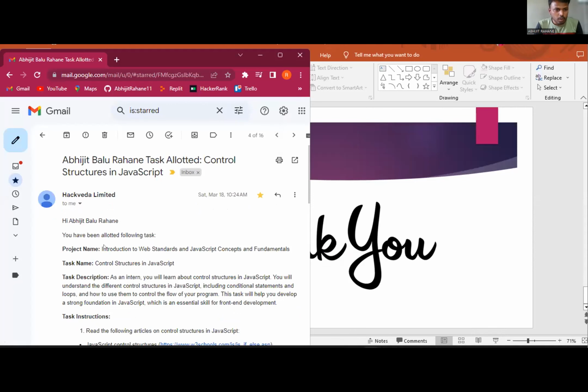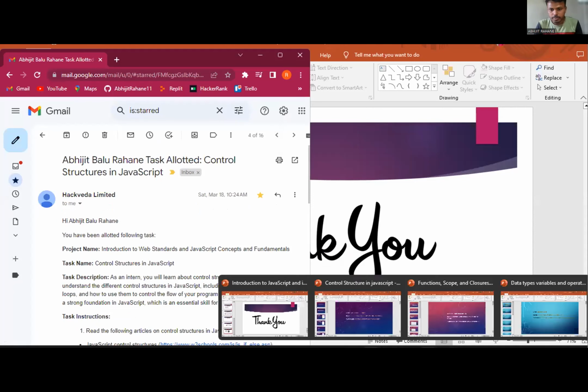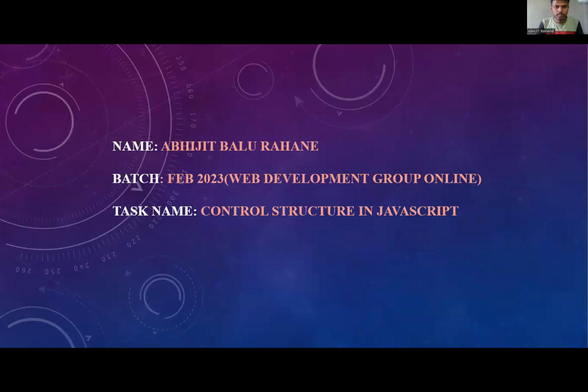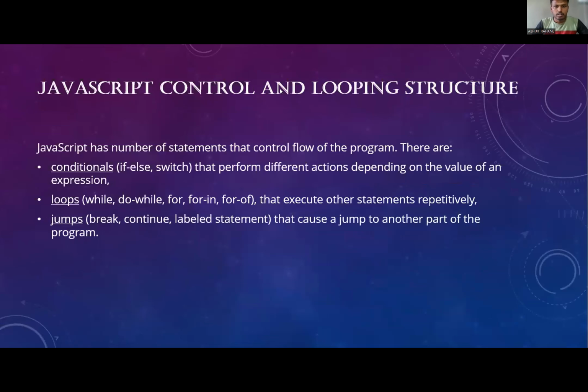The second is control structure in JavaScript. JavaScript control and looping structure. JavaScript has a number of statements that control the flow of a program.